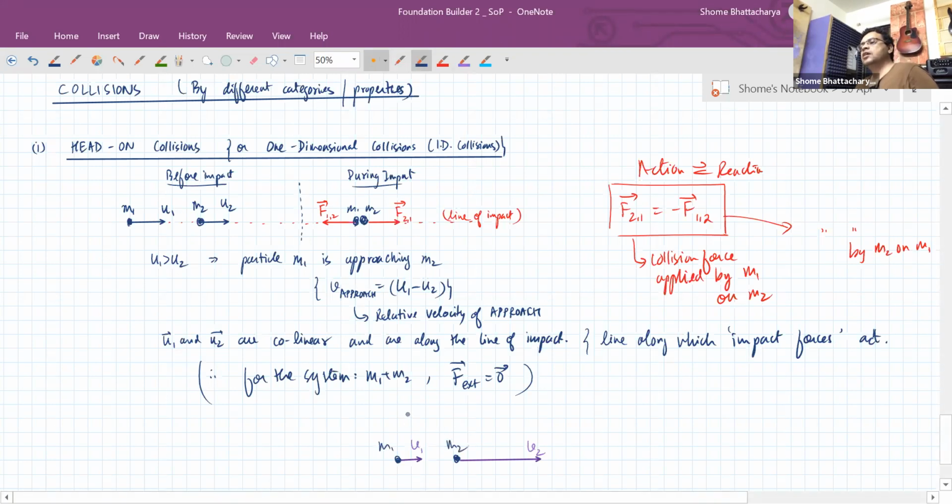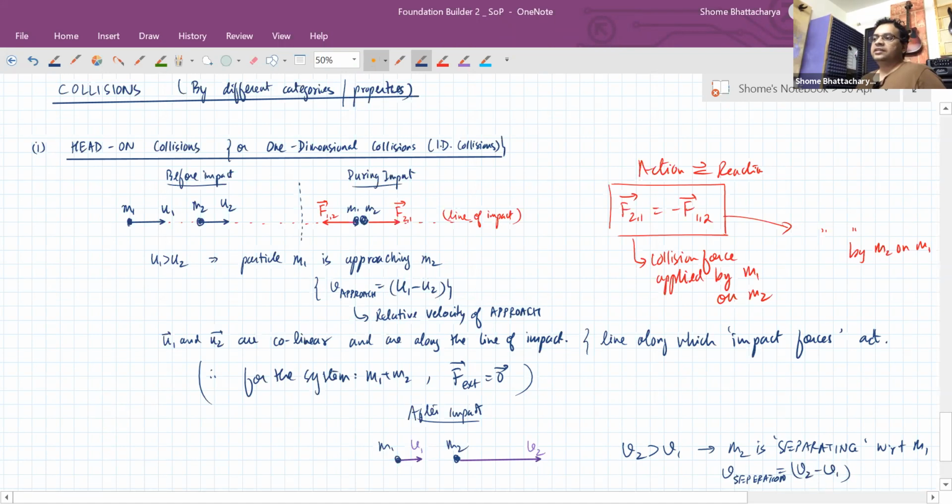So this is after impact. Okay. And what will happen after impact is that v2 will become greater than v1. So m2 is separating away from m1, its distance is increasing with respect to m1. So we have the velocity of separation. The relative velocity of separation will become equal to v2 minus v1.